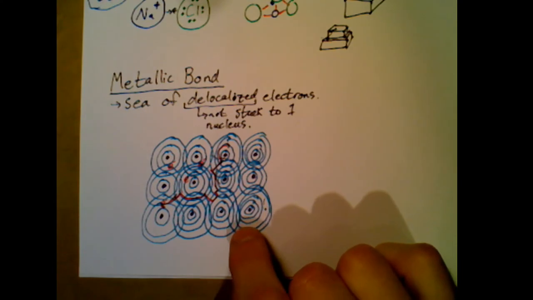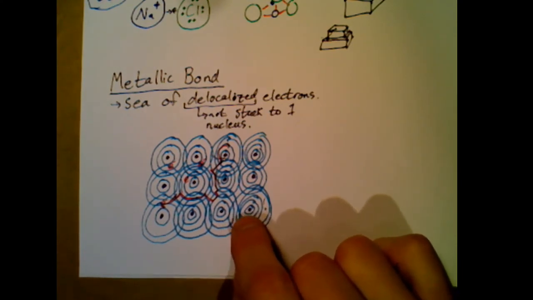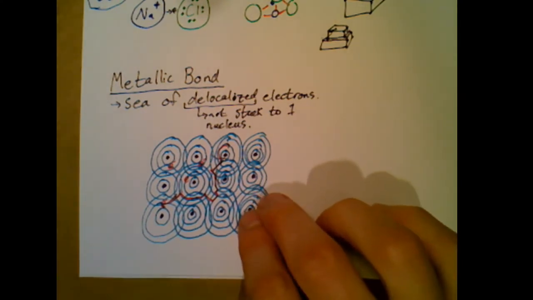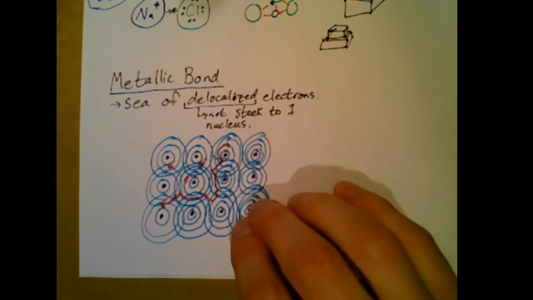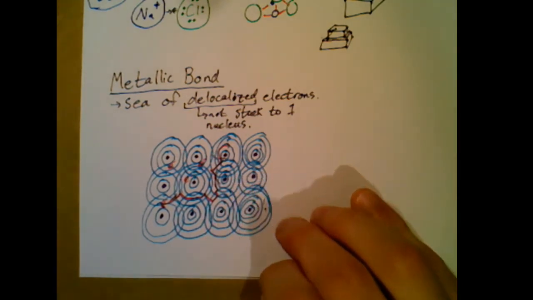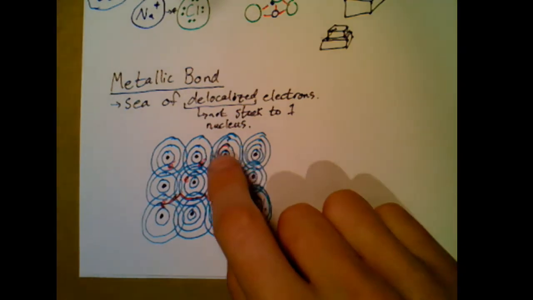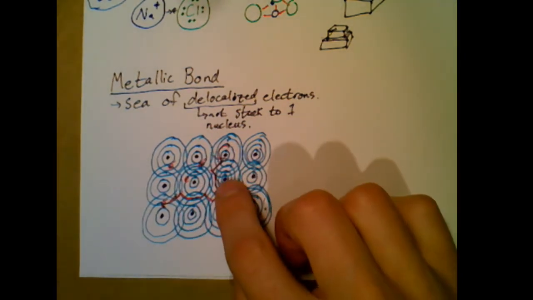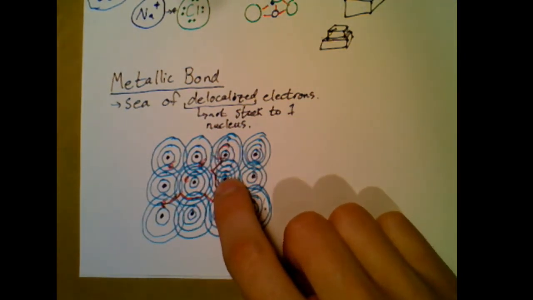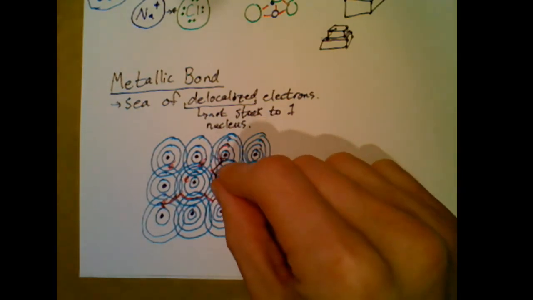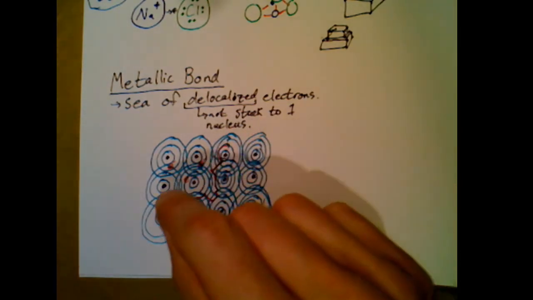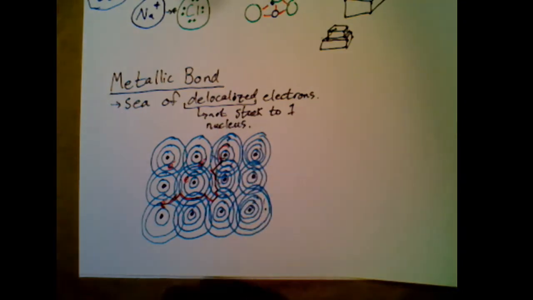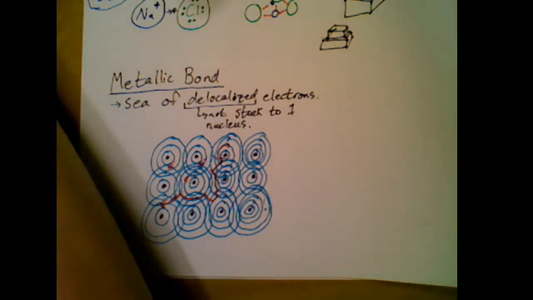Well, when you increase the heat, they start shaking, but they're still overlapping with so many other orbitals. And so that means you need a huge amount of energy to actually take this one nucleus and rip it totally free so that the nucleus can flow around in a liquid, right?